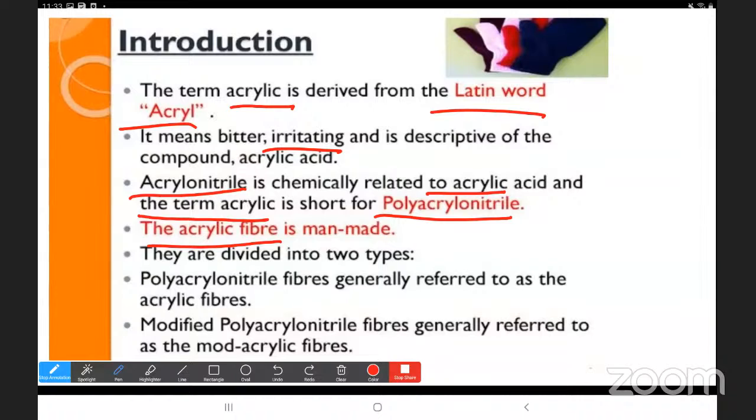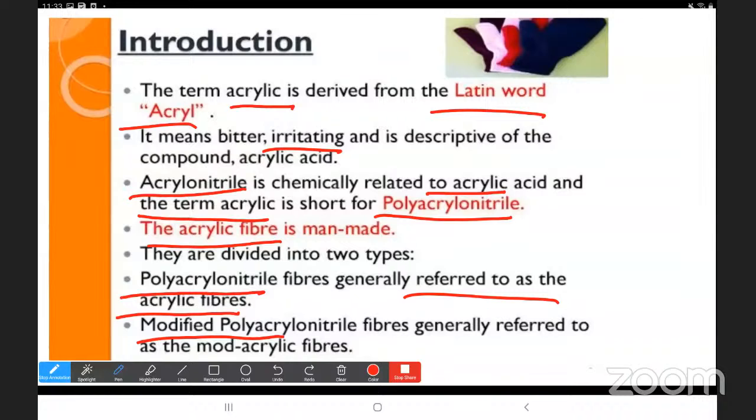Here, there are two types of acrylic fibers. One is polyacrylonitrile and the next one is modified polyacrylonitrile. Polyacrylonitrile fibers are generally referred to as acrylic fibers. And modified polyacrylonitrile fibers are generally referred to as modacrylic fibers. Acrylonitrile we are saying.